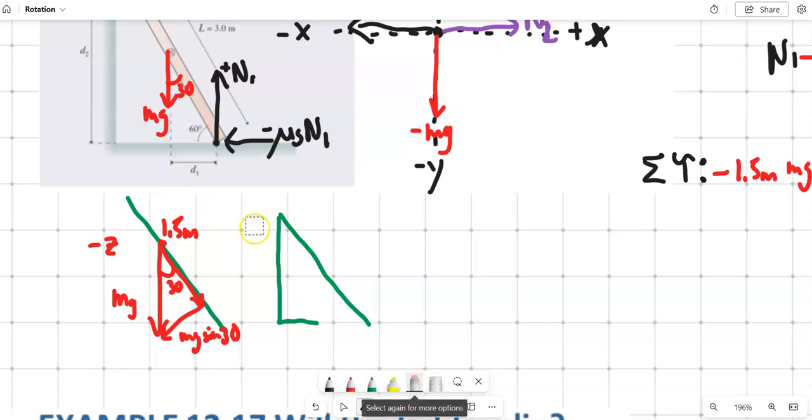I got a little too crazy here. And they said that this is 60 degrees. So I'm just drawing this part right here. Okay. All right. So that N1 force is attached right here.